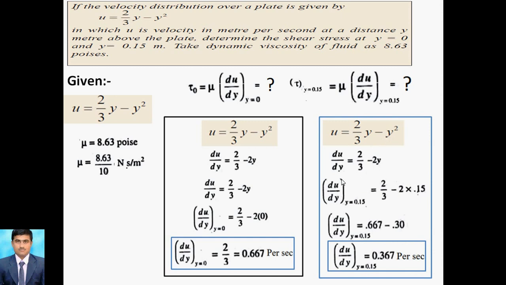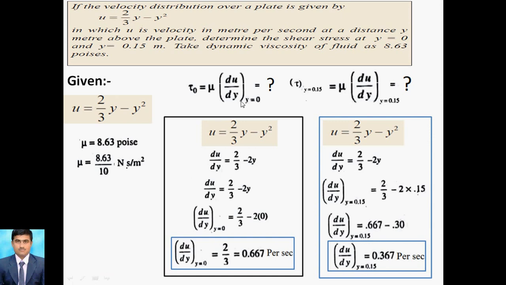Here we need du/dy at y = 0.15, so I place y = 0.15 over here. After that we get 0.667 minus 0.30, and the value is 0.367 per second.